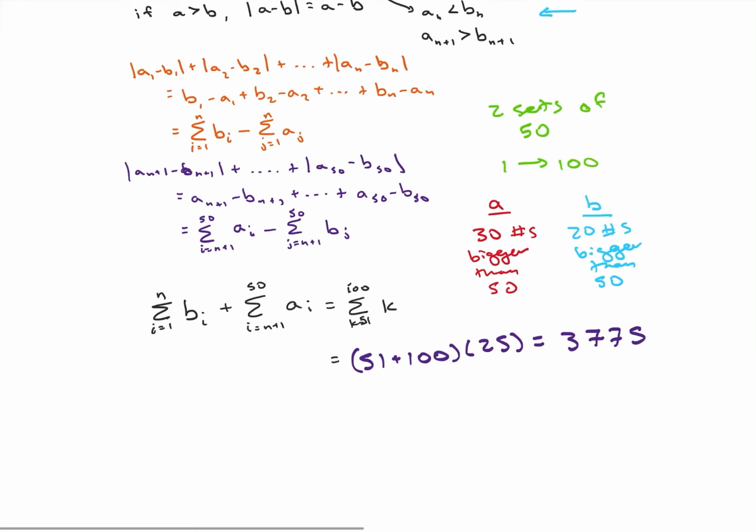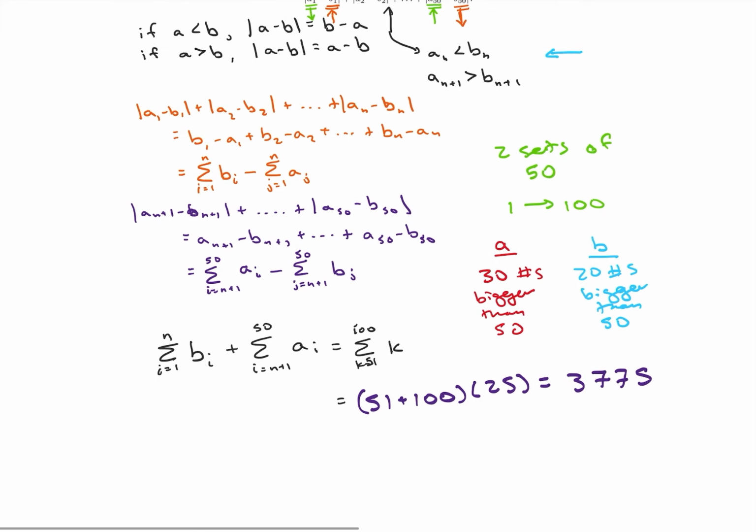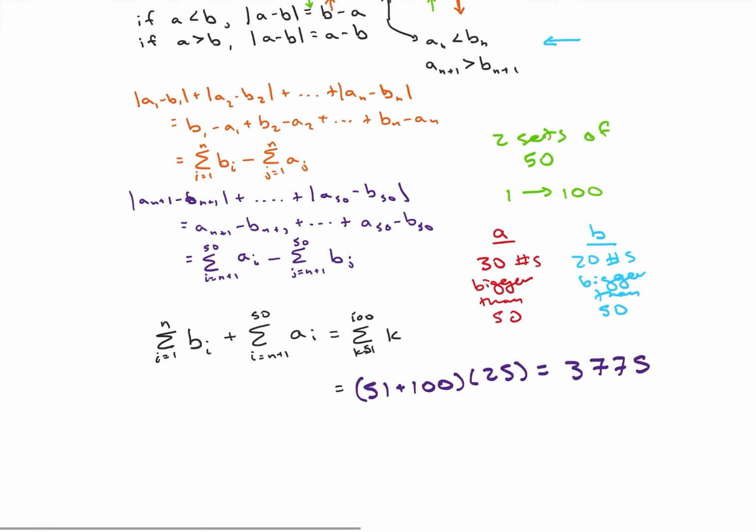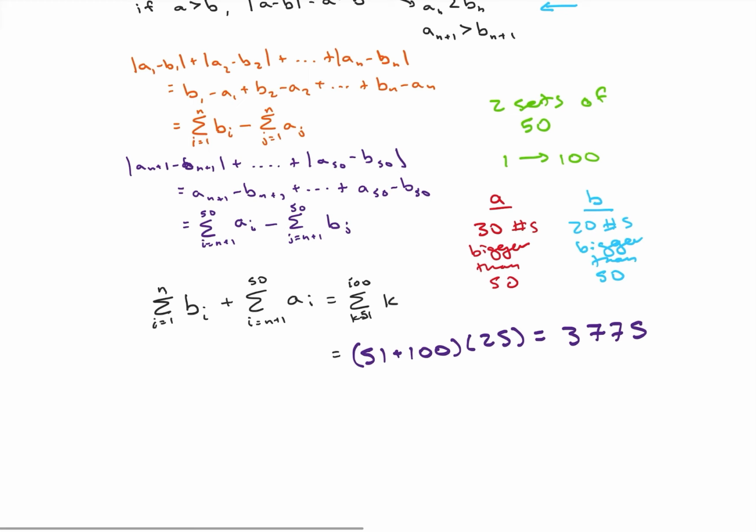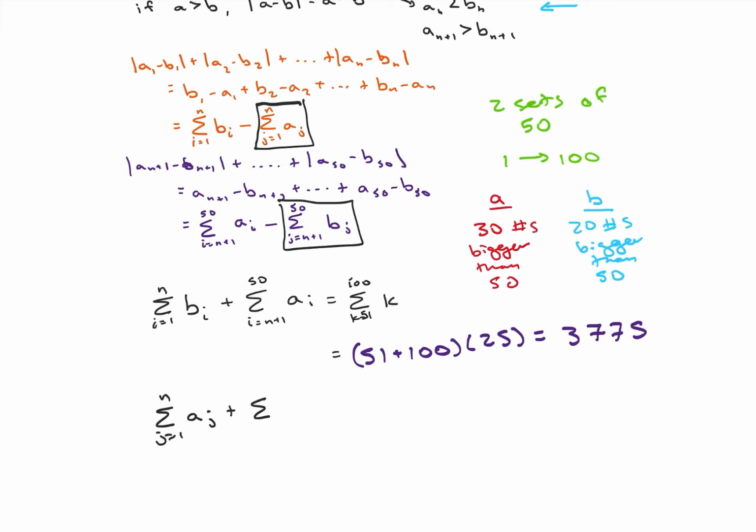Okay, so if I look at the smallest numbers from i equals 1 to n, and we pull that out of our equation, we go up here and we take what we're subtracting in each of these two equations. What we're subtracting is going to end up being all of the numbers that are less than 50.